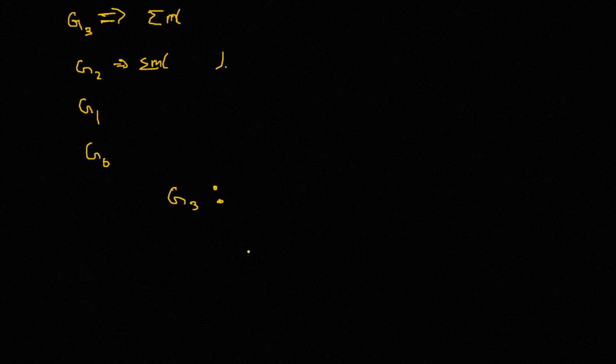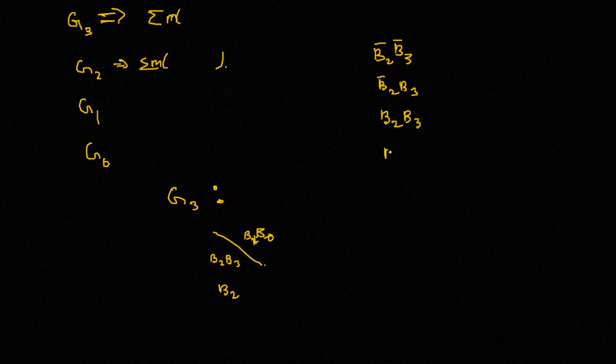Okay, so for G3, let's take a K-map. Here you have B1 and B0, and here you have B3, B2. Okay, so we take it here, B3 dash B2 dash, B3 dash B2, B3 B2, and B3 B2 dash.